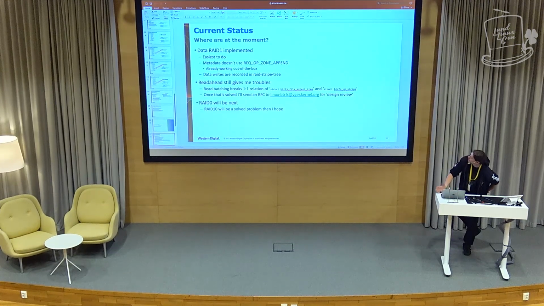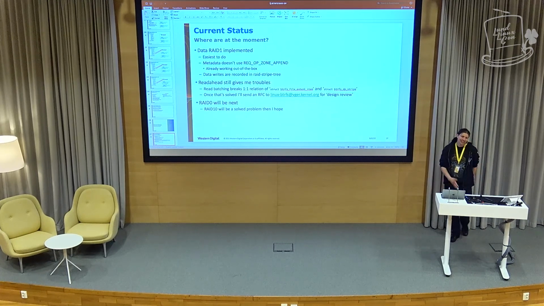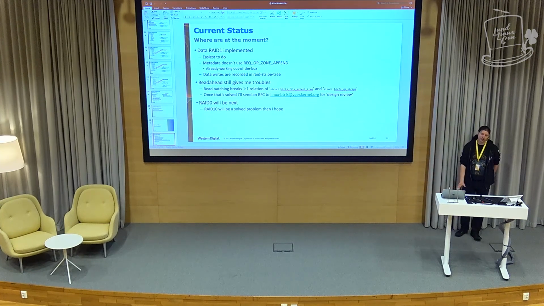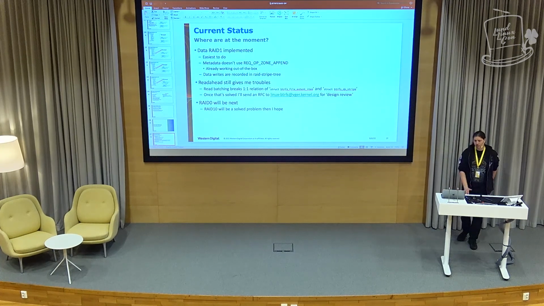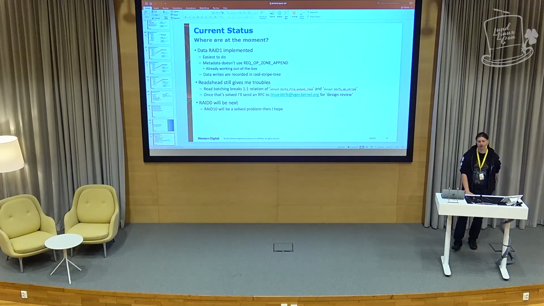The very current status, as already said, RAID 1 is implemented. Still have some rough edges, but doing dd or xfs_io works, doing fio doesn't work yet, and fsstress survives like a minute, which is not too bad for the early stage.